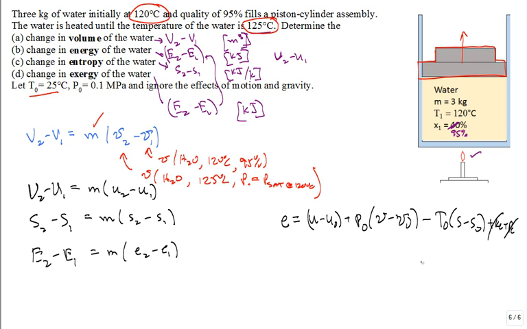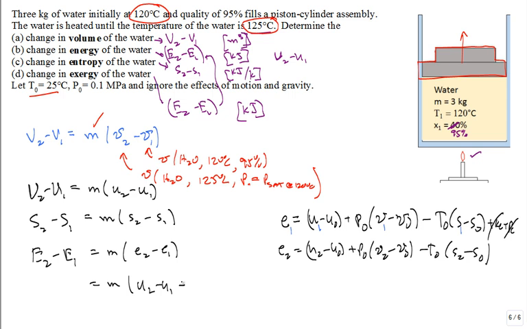So now I just have to write that for state 1, and then rewrite it for E sub 2: U2 minus U naught, plus P naught, V2 minus V naught, minus T naught, S2 minus S naught. Take the difference, and I get something like U2 minus U1 plus P naught times V2 minus V1 minus T naught times S2 minus S1. Do you think so?